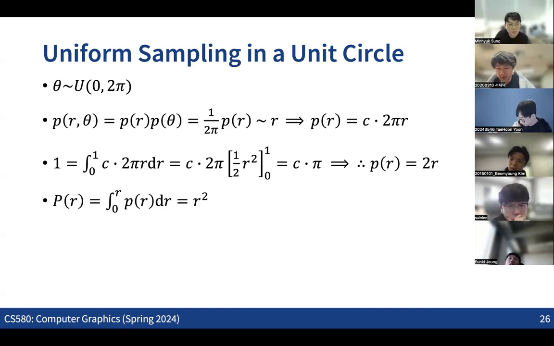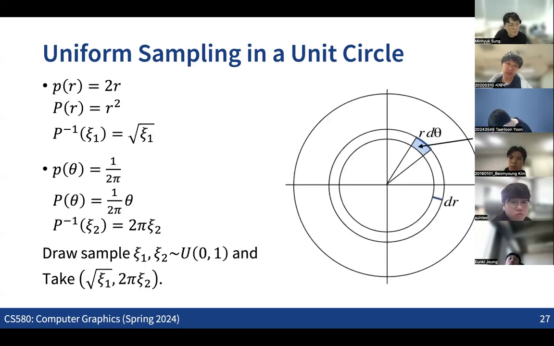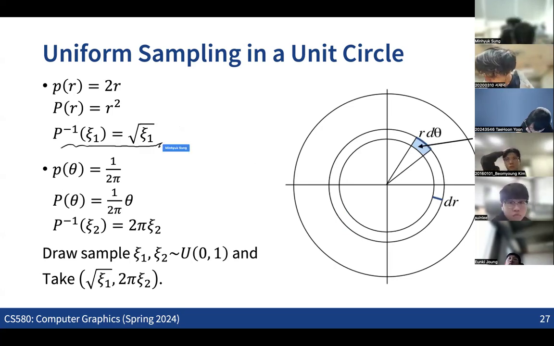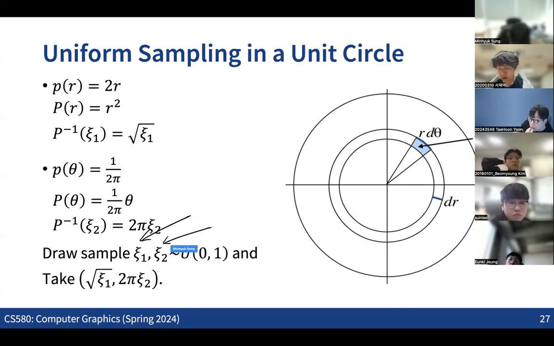So if we really want uniform samples inside the unit circle, then for the radius, this becomes the inverse of the CDF. For the angle theta, we can also have the inverse of the CDF like this. Then what we need to do is sample two uniformly random variables in the range from 0 to 1.